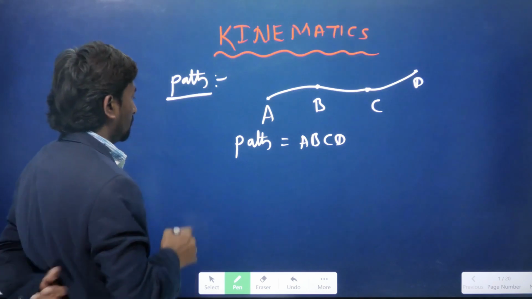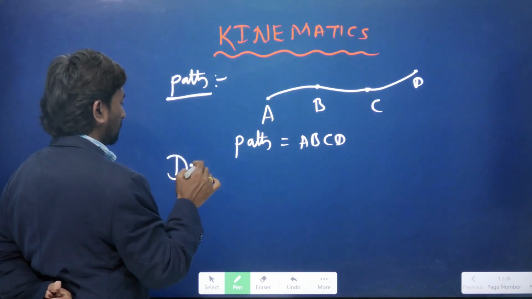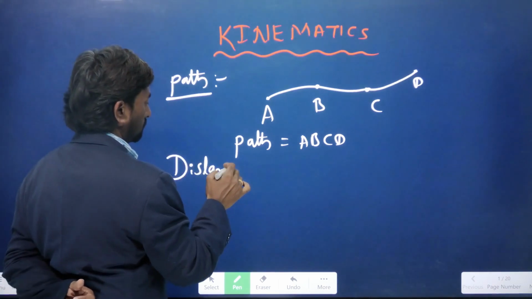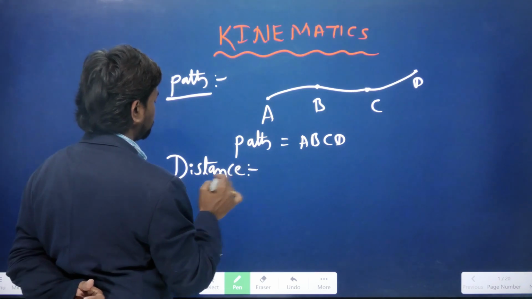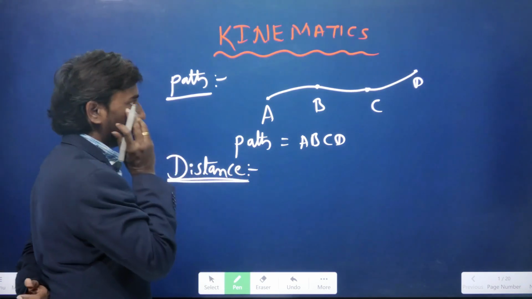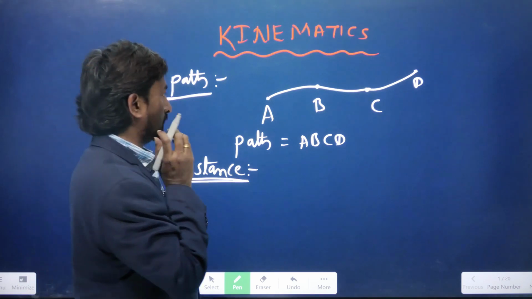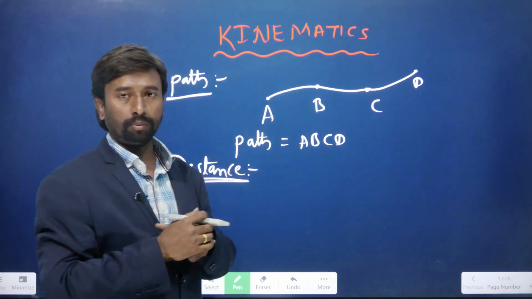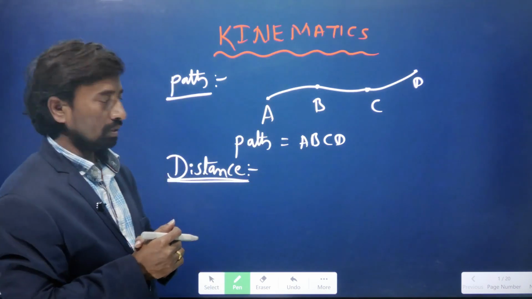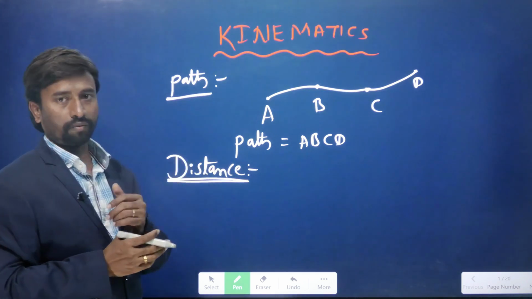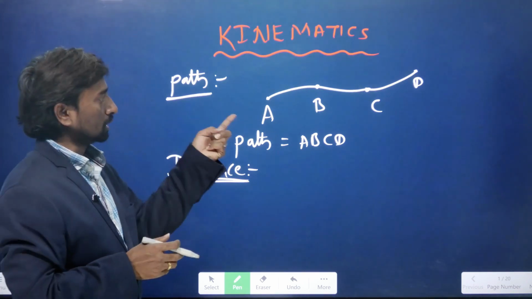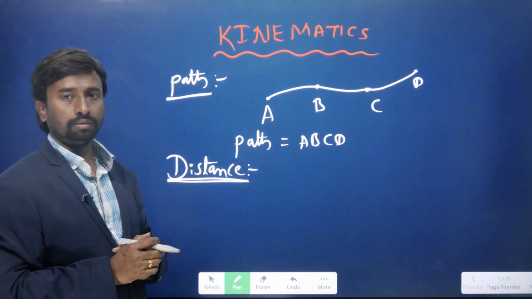The next important definition is distance. What is the distance? If you measure the total path travelled by the body, that gives the distance, how much distance it has travelled. The total length of this path is said to be the distance.